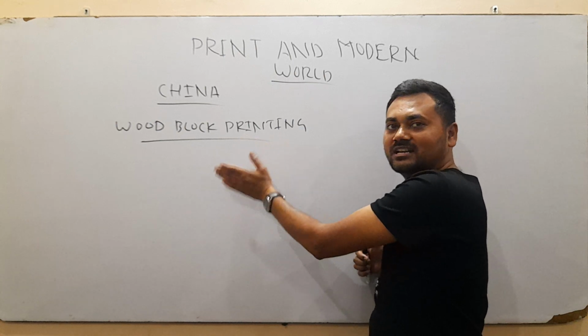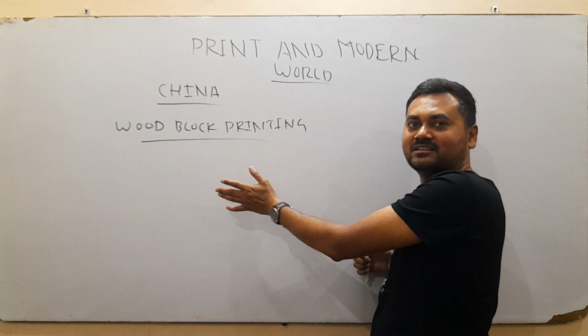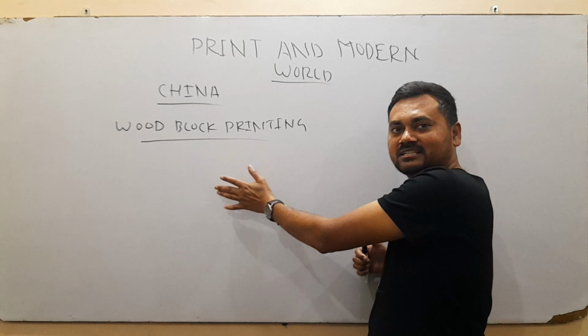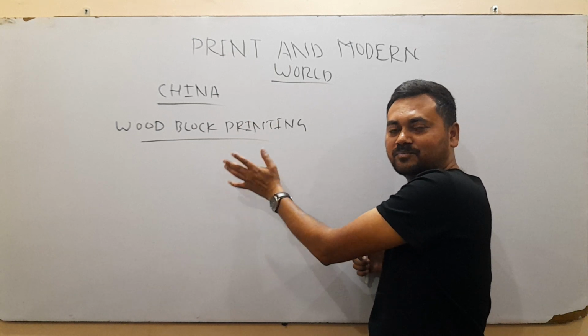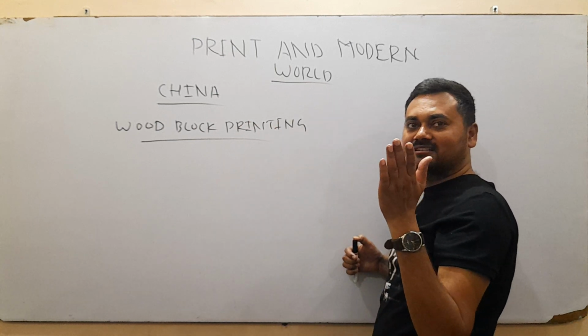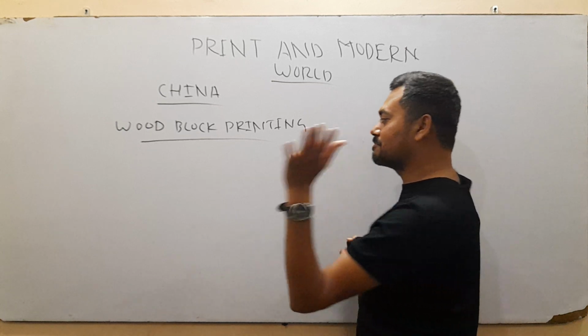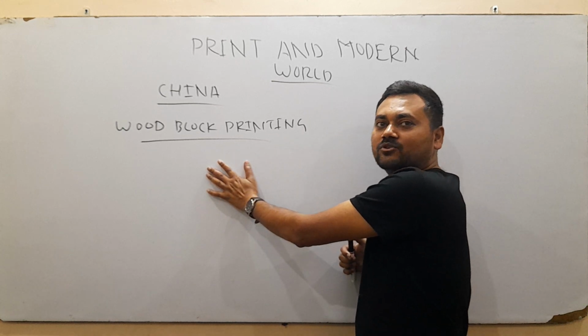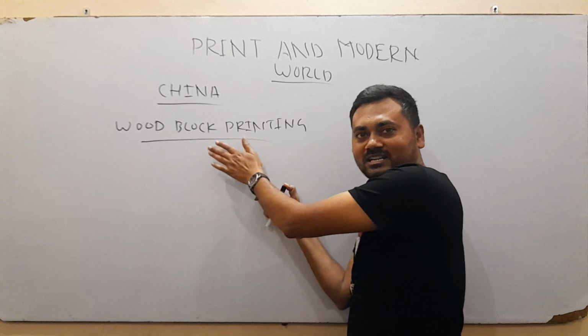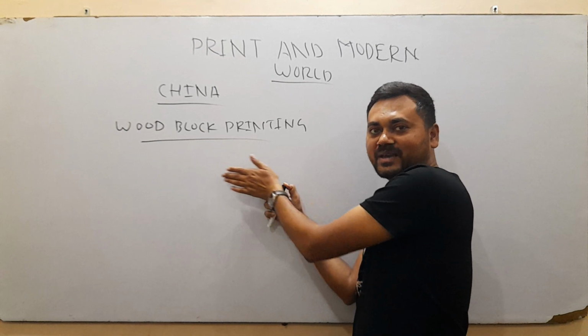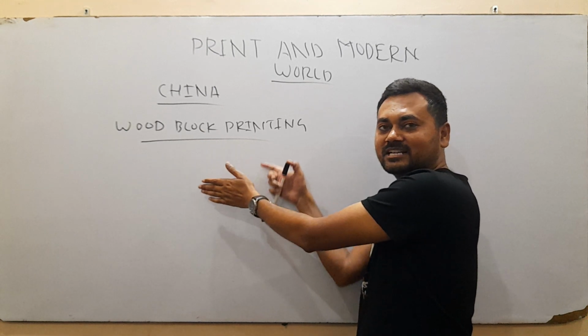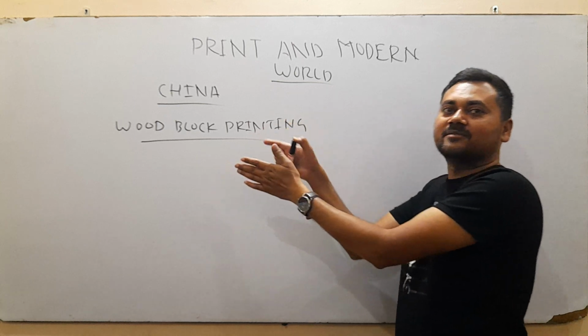After that you color whatever color you want, and once this is done on that piece of wood, you take an A4 size paper, paste it and rub it. Whatever is written on that wood will get printed on that A4 size paper.